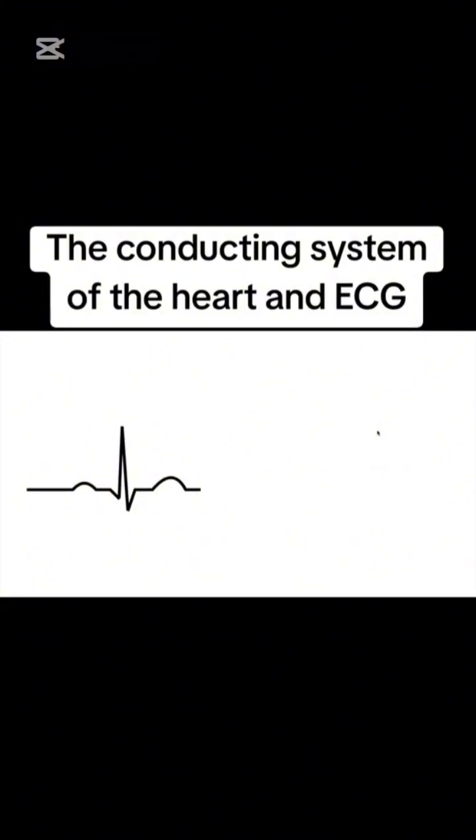That being said, the question is, where is atrial repolarization? So if QRS represents ventricular depolarization or contraction, and the T wave represents ventricular repolarization or relaxation, then where is atrial repolarization if this is depolarization? Well, it can be found within the QRS complex.